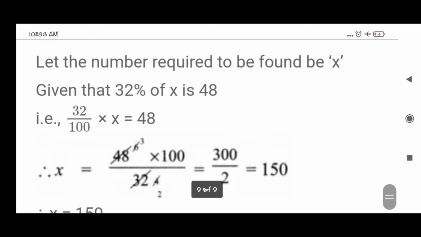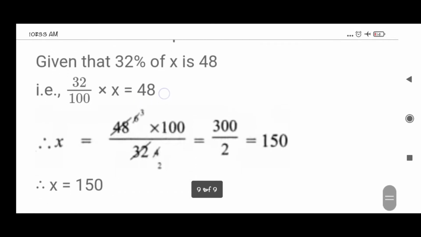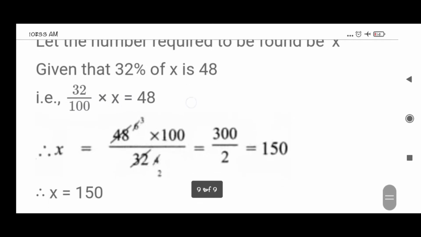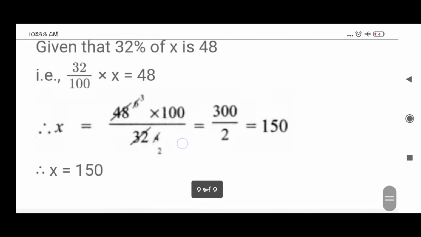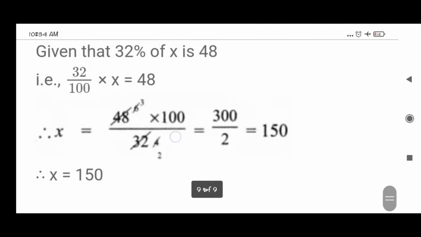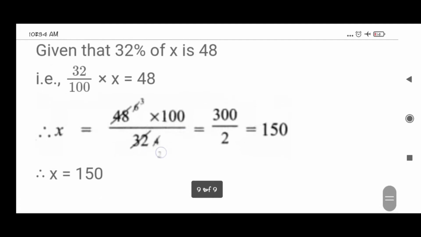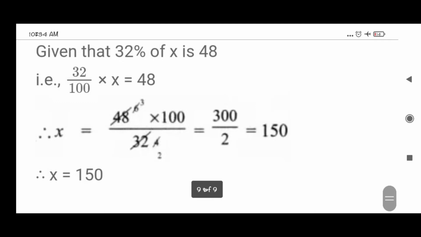Why we are using 100 means in percentage we always have to divide by 100. So 32 divided by 100 into x is equal to 48. So x is equal to 48. We have to bring this 32 to the right hand side. Here it's a fraction, so if it comes here, it will become the reciprocal, 100 by 32. When we cancel 4 times, here 6 times, understand?